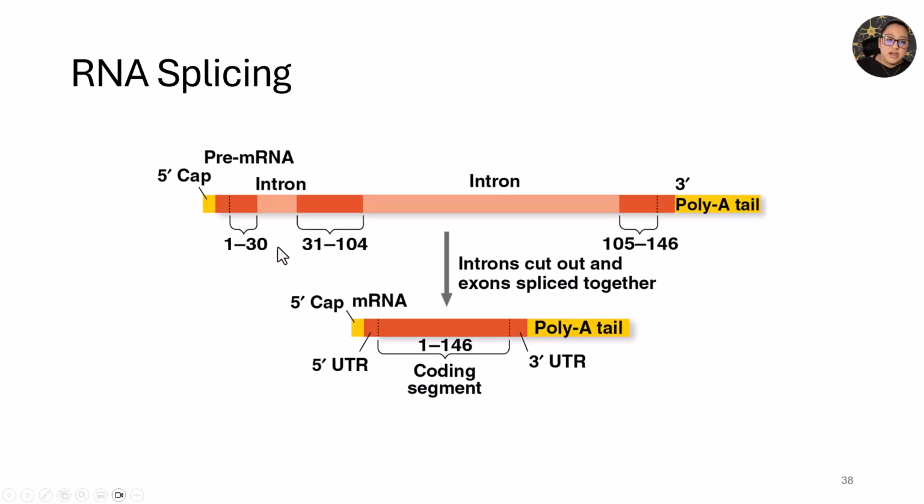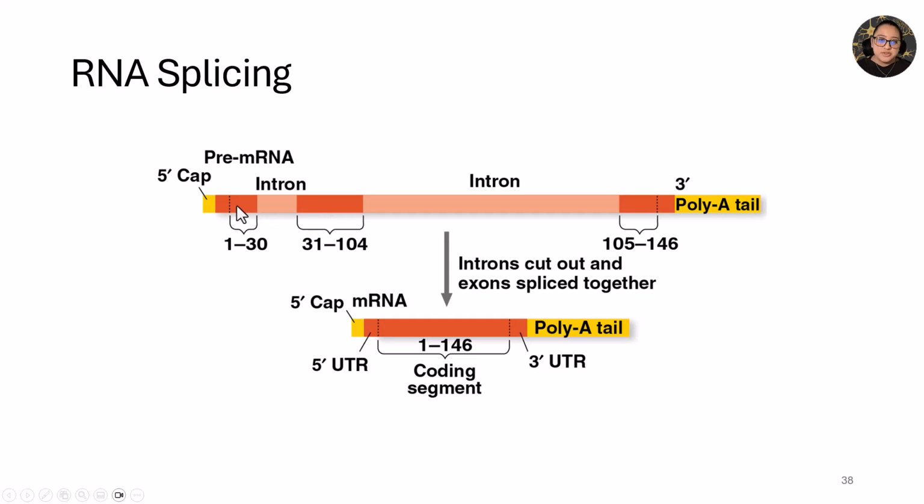Here you can see a pre-mRNA on top. It already has the 5' cap and the poly A tail. There are segments that are different colors of orange, a darker orange and a lighter orange. The lighter orange is showing introns. These are the segments that don't code for anything that's going to be in the final product. These are going to get cut out because they're just intervening sequences between the important stuff.